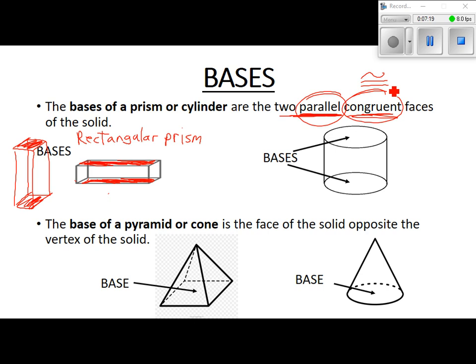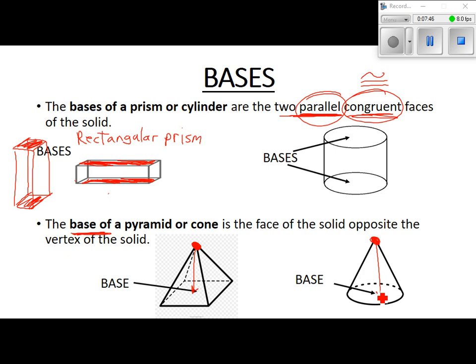When you're looking for the base of a pyramid or a cone, then you look for the vertex that's like the point of the pyramid or the point of the cone. And the base is always the side that's directly across from it. I don't want to say below because it might be turned upside down or on its side.